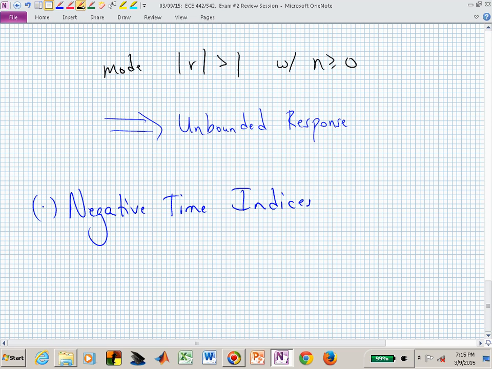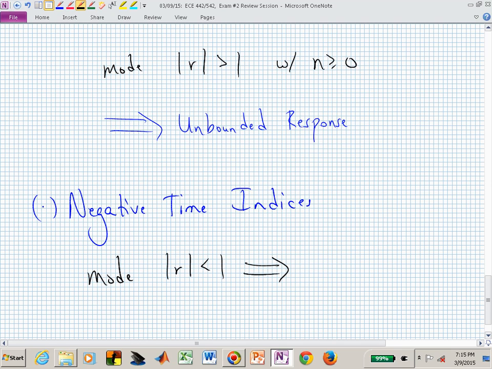Now if you looked at having at least one of these modes with r less than 1, then what kind of time response behavior are you going to have?